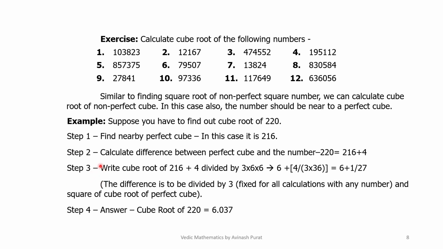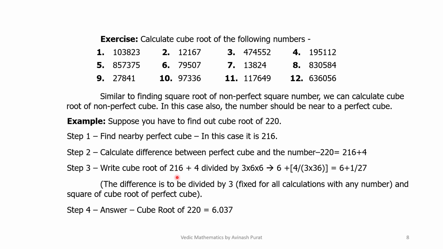Step 3: write the cube root of 216 plus 4 divided by 3 into 6 into 6. That is 6 plus 4 divided by 3 into 36, equal to 6 plus 1 by 27. The difference is to be divided by 3, fixed for all calculations with any number, and the square of the cube root of the perfect cube.